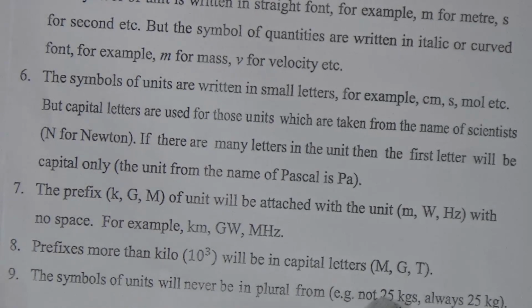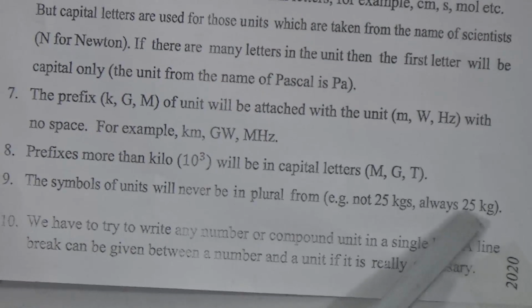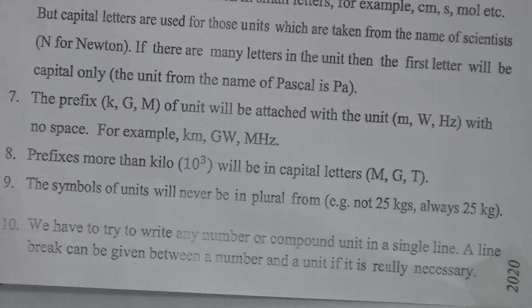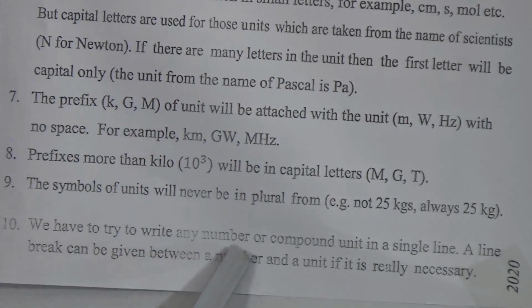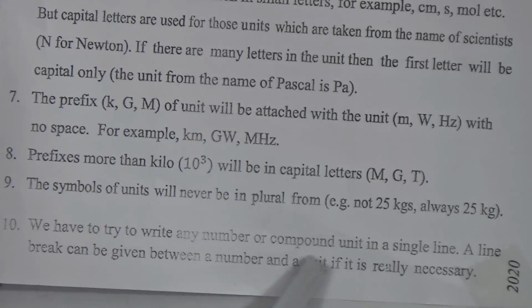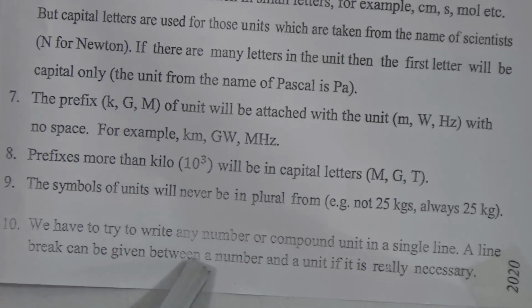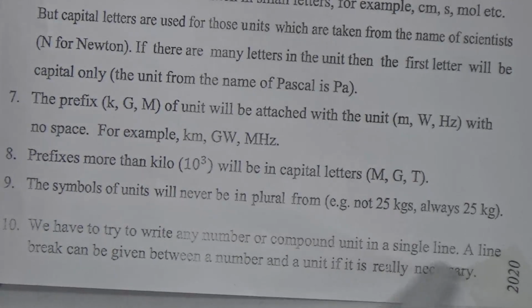For example, 25 kgs is not right; the correct form is 25 kg, a singular unit. Number 10, we have to try to write any number or compound unit on a single line. A line break can be given between a number and a unit only if really necessary.